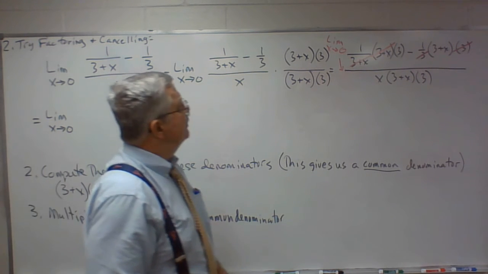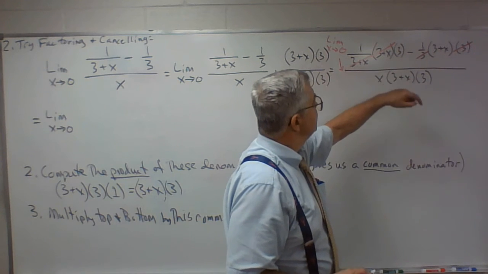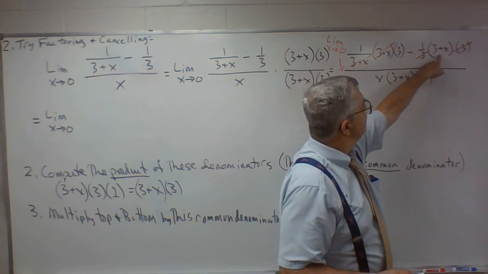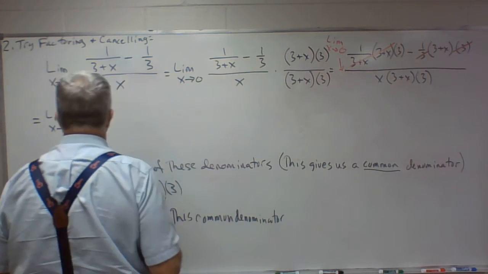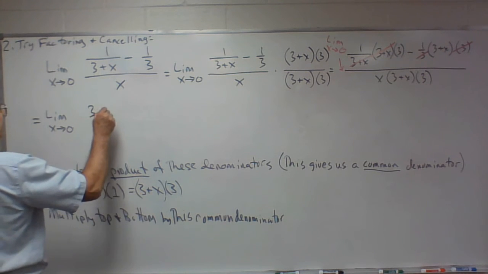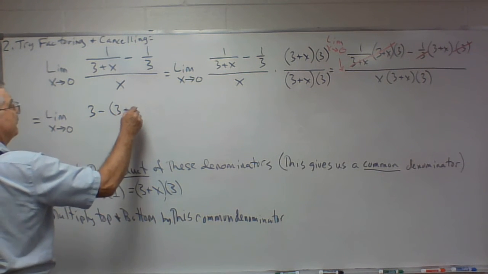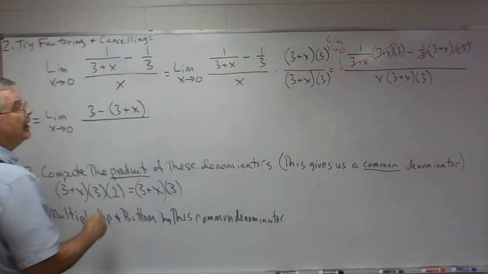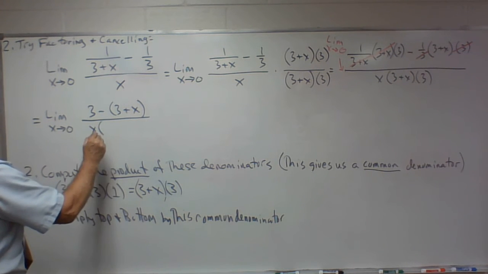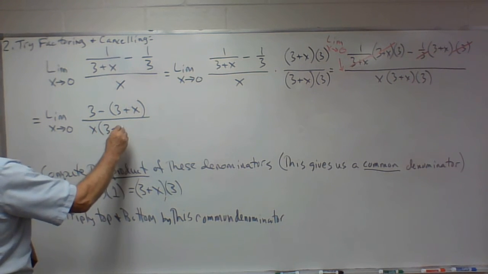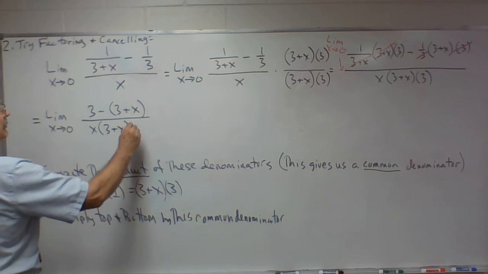So let's see what we have. 3 and 3 plus x. And on the bottom, x times 3 plus x times 3.